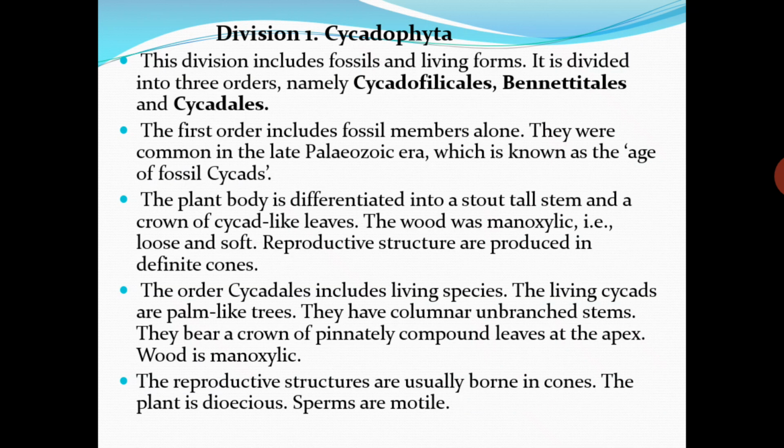The first one is division Cycadophyta, which comes with three orders, and it has both fossil and living forms. The three orders are Cycadofilicales, Bennettitales and Cycadales. The first two orders include fossil members alone.